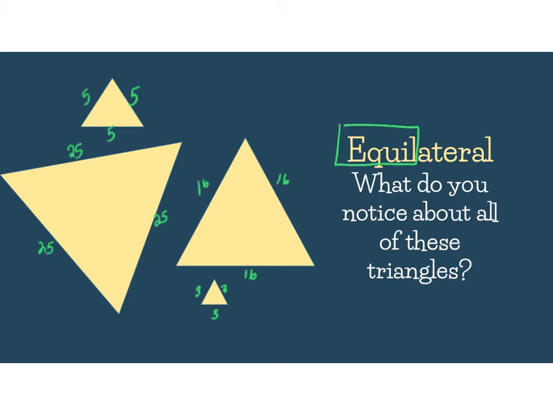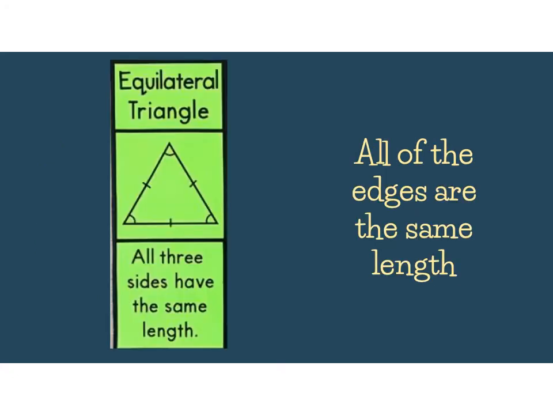What does that sound like? All right, you should notice by now that all of the side lengths are the same, and this equi sounds like the word equal, which we know means the same. So for an equilateral triangle, all of the sides must have the same length. Again, they're using the annotation to show the sides are the same length.